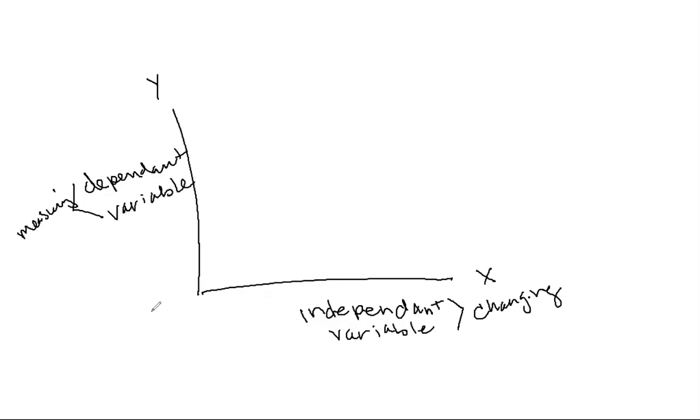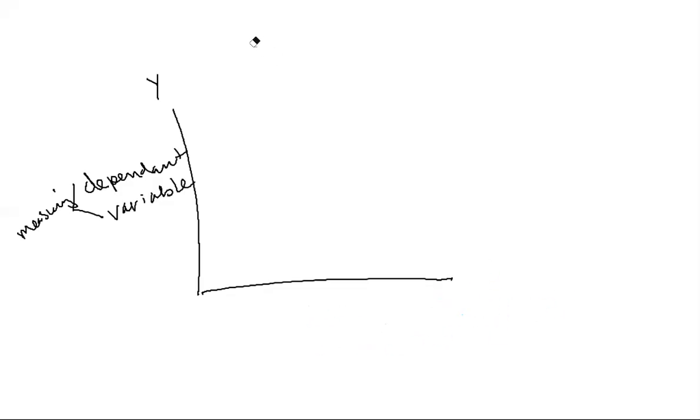Good, so we're changing the activity level. So for this one, I'm going to erase it so I can actually label it appropriately. Okay, so activity level would go here, right?